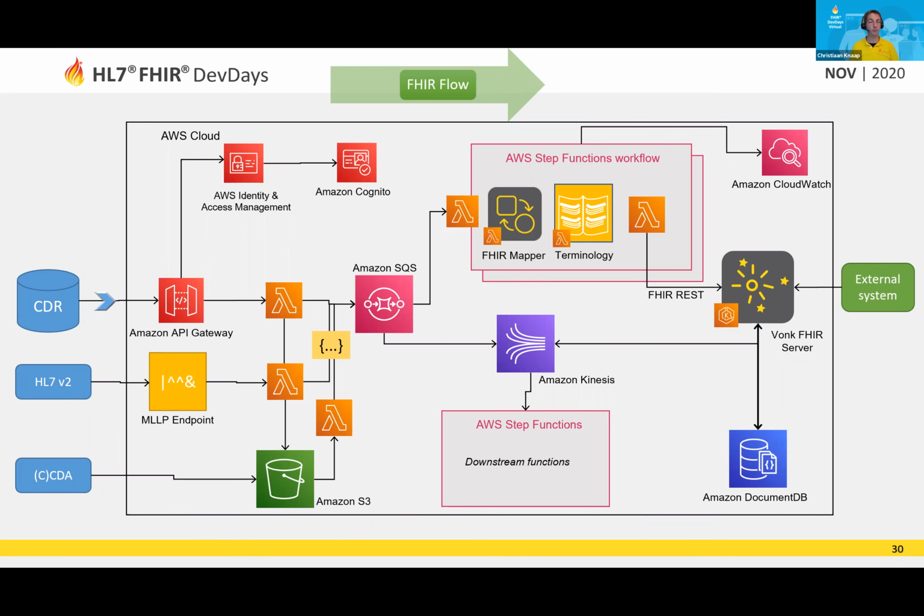And lastly, maybe the CDA system can put the CDAs directly in the bucket, where the Amazon S3 system will generate an event captured by a Lambda, which will then transform that into an event to be put on the queue.